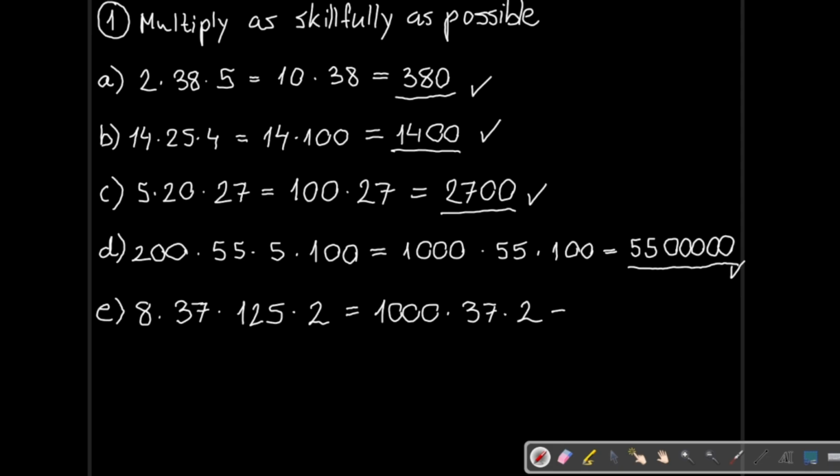And now we can multiply 37 by 2, and that gives us 74, times 1000, which is 74,000.